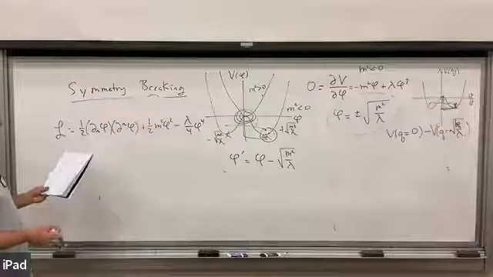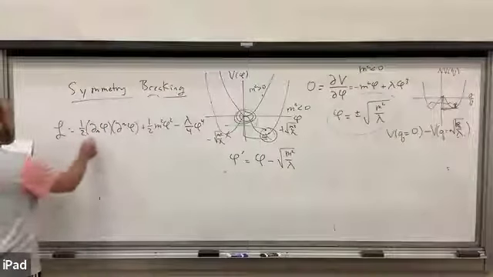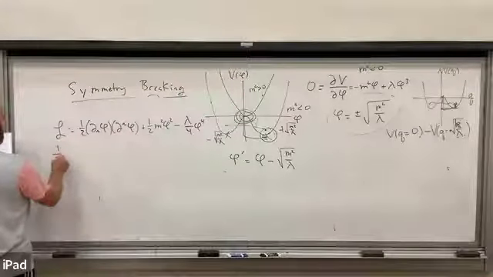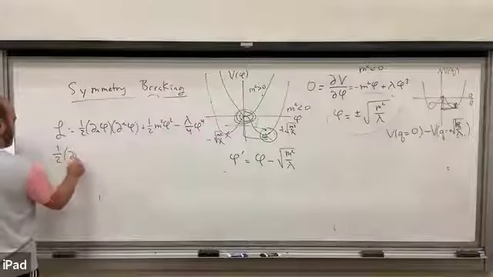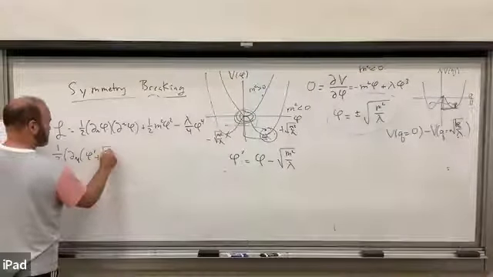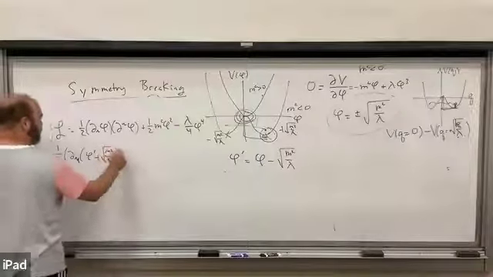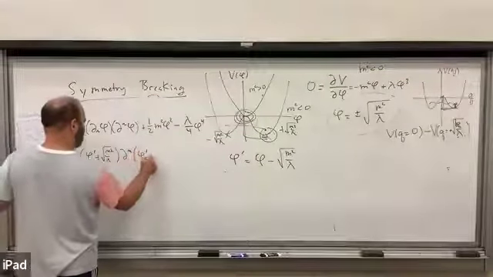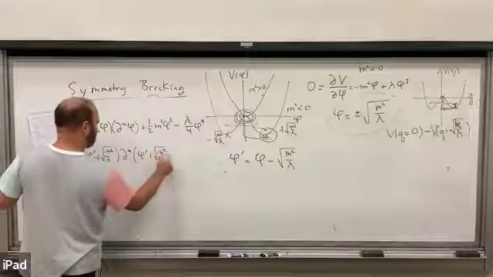Okay, let's do this. First off, this is okay, right? If I take this and replace φ by φ' plus the square root of m²/λ, then ∂_μ of φ' plus the square root of m²/λ.